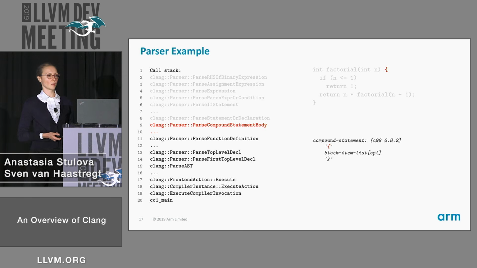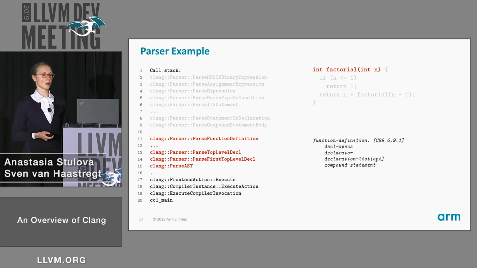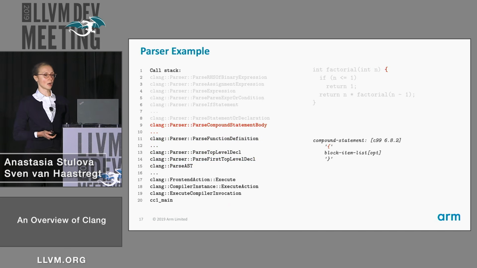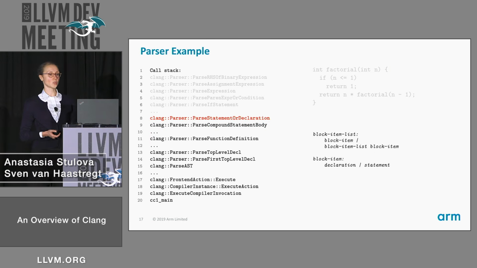Then we recurse further down into parsing compound statements. Where we end in the function definition grammar, we have a compound statement to parse further. Here is how the grammar looks for the compound statement. We start from the opening brace, and then we parse a list of either declarations or statements.